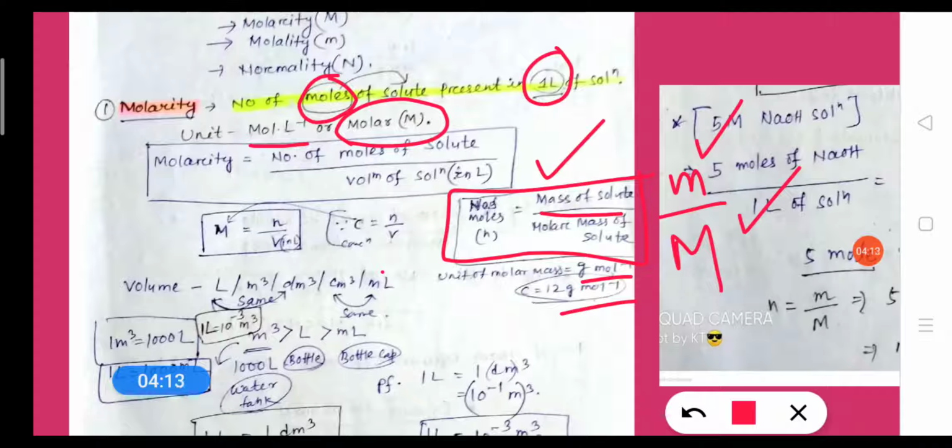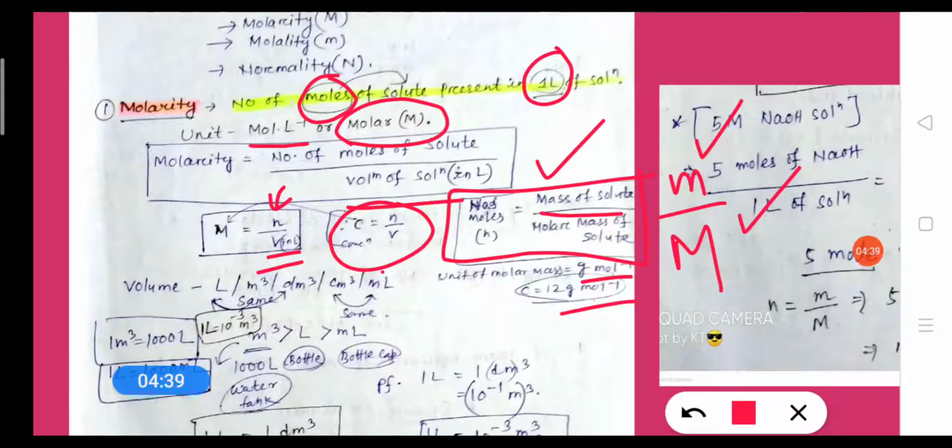The formula of molarity is equal to number of moles of solute divided by volume of solution. Capital M is equal to number of moles n divided by volume of solution in liter. So molarity M is equal to n by V. Also we know that concentration is equal to n by V, or number of moles by volume.